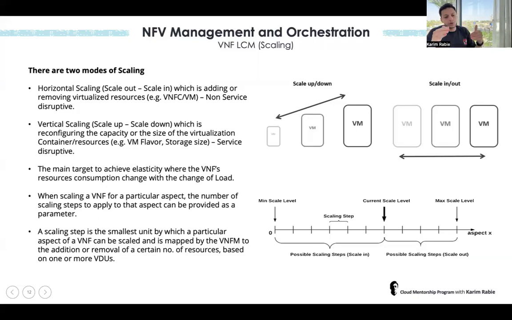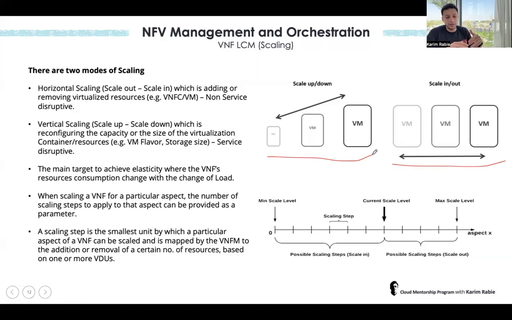There are two types of scaling in the context of cloud. You have horizontal scaling, which is the one you see here on the right, and vertical scaling, the one on the left. Vertical scaling is scale up, scale down. Horizontal scaling is scale in, scale out.